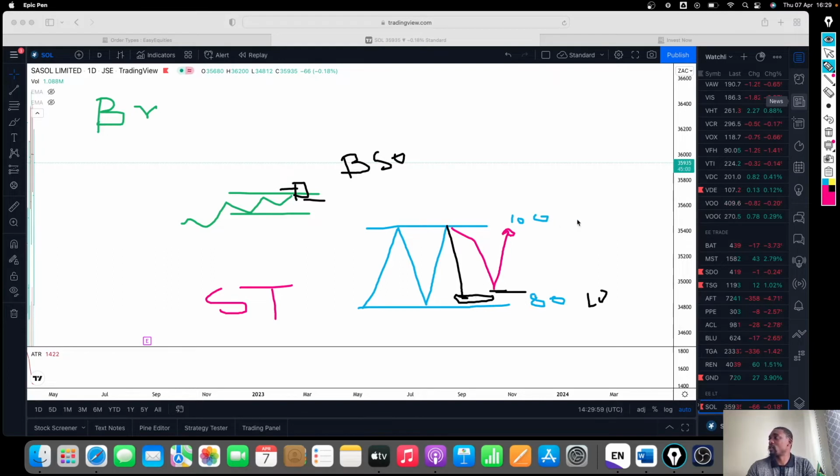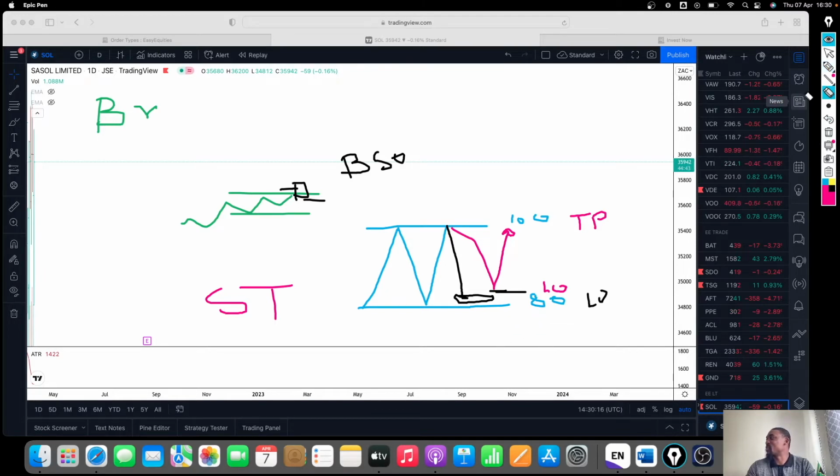So in this case of a swing trade, I will set my take profit here. Then I will have my limit order here at 82. Then I will have my stop loss, maybe let's say at 78. Yeah, my handwriting is terrible.